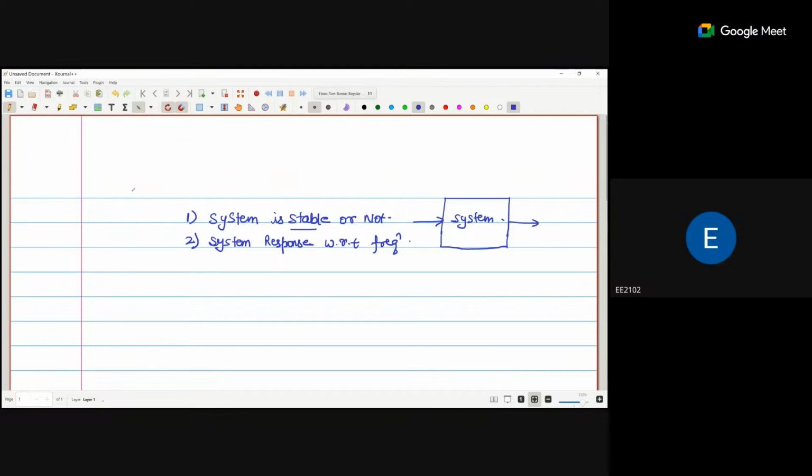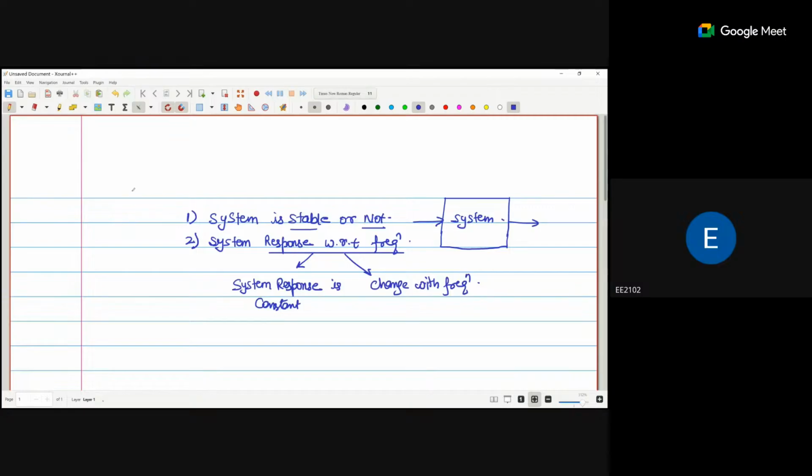One is whether the system is stable or not, and if the system is stable, then what is the response with respect to frequency? Either the system response is constant, or second, it will change with frequency.